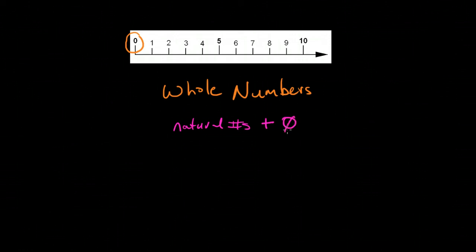So once we add 0 to our list of natural numbers, we're now dealing with a whole other set, no pun intended, a whole other set of numbers called the whole numbers. The whole numbers are simply the natural numbers plus 0. And these are whole numbers.